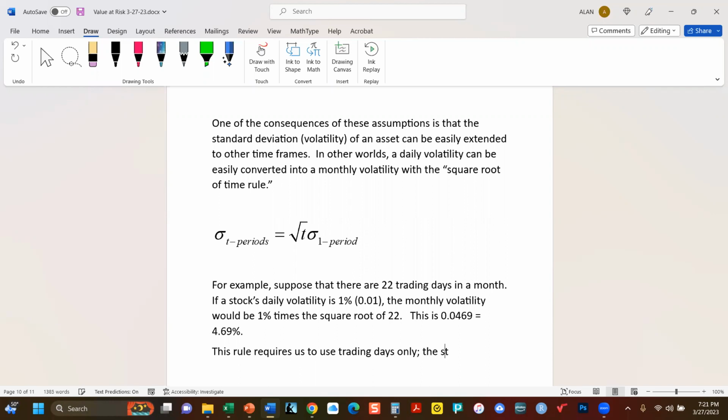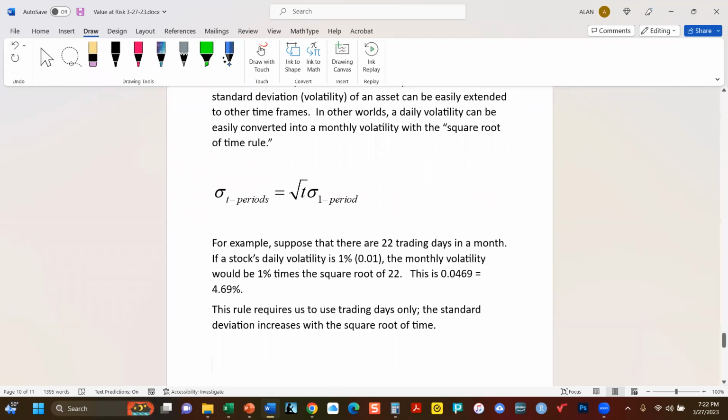And also the standard deviation increases with the square root of time, not time itself. Notice, if the time frame doubles, it doesn't double the volatility. It increases it by a factor of the square root of 2.